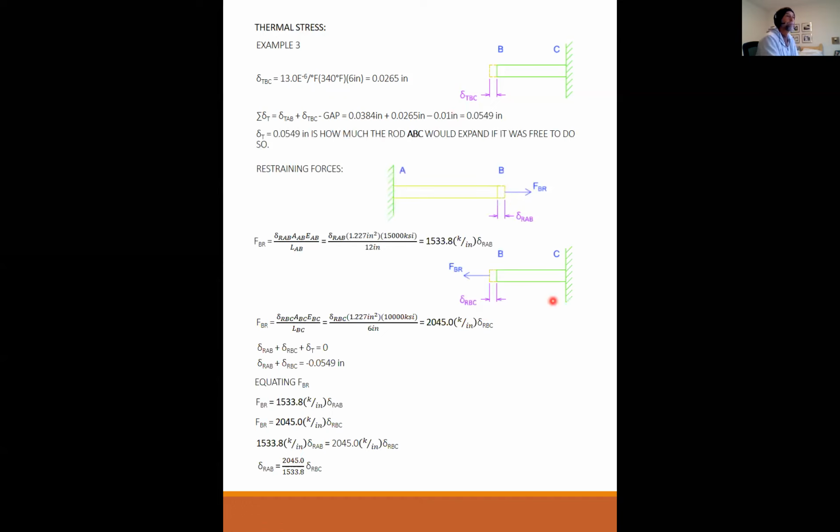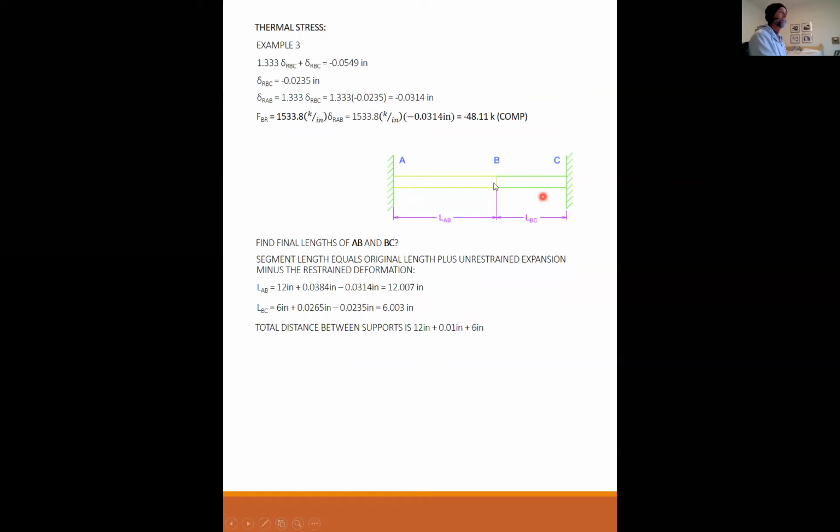So I got to the end of this one. This is where I left off right here. How do you know this is right? How do you know at the very end of all of this that you got the right answer? Well, the new length of LAB plus the new length of LBC ought to equal the total overall gap between the two walls, because the walls by definition cannot move, and so they better fill that.